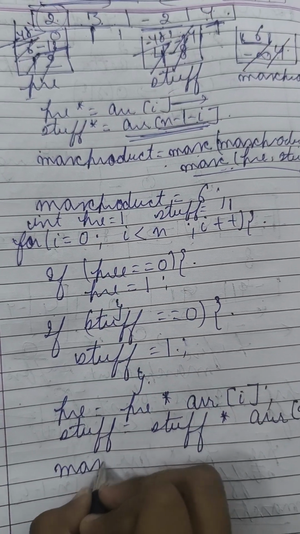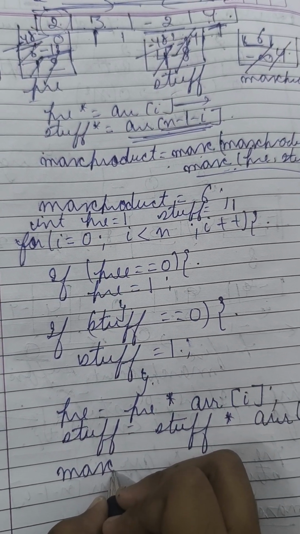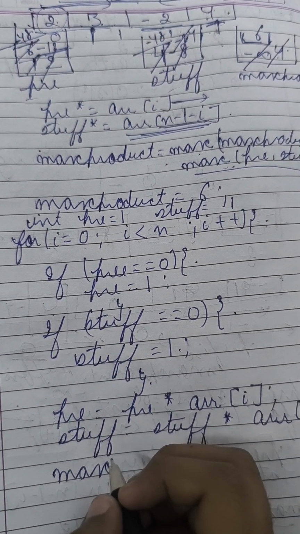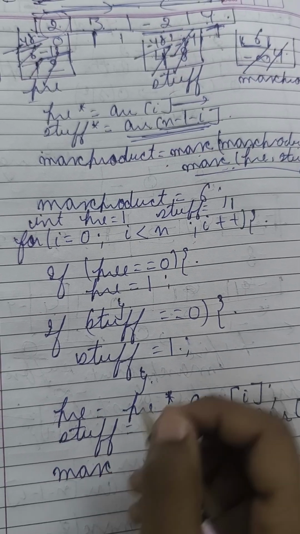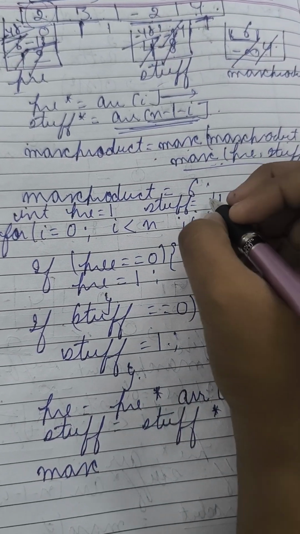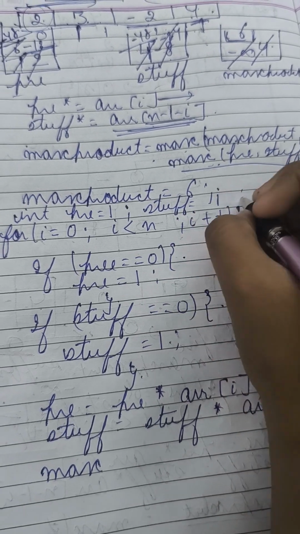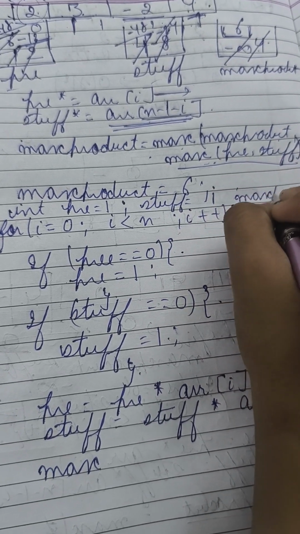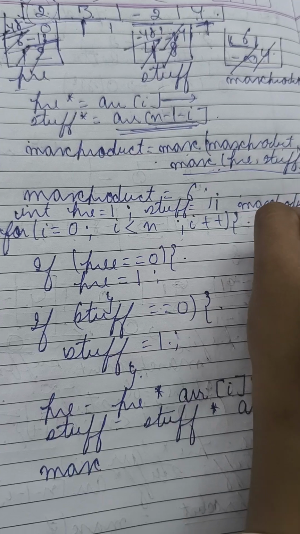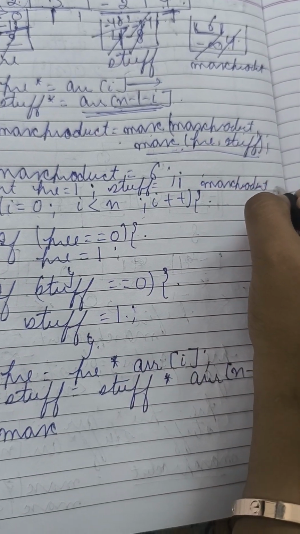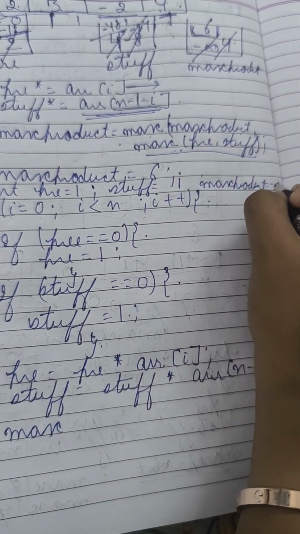Now max product equals, I am going to create one max product also, pre created, stuff created. Now I am going to create one max product also, which is equal to minus infinity.